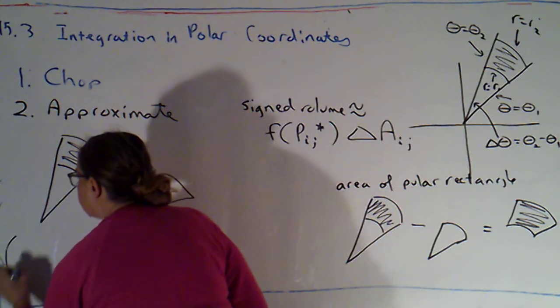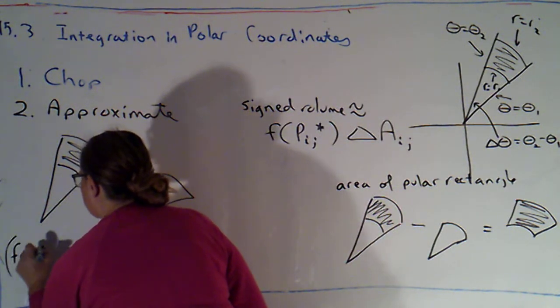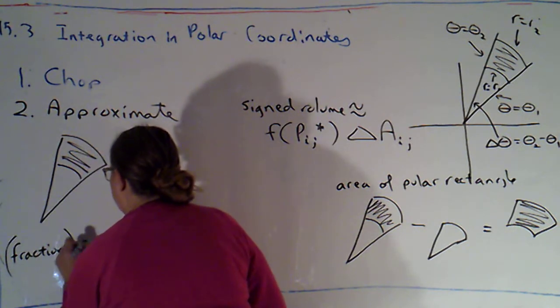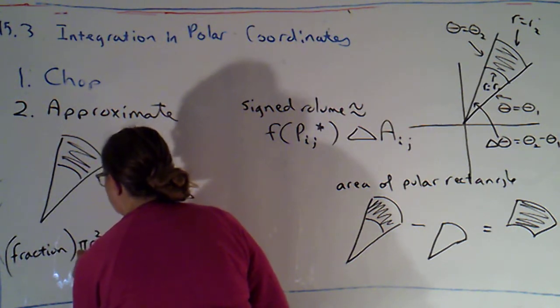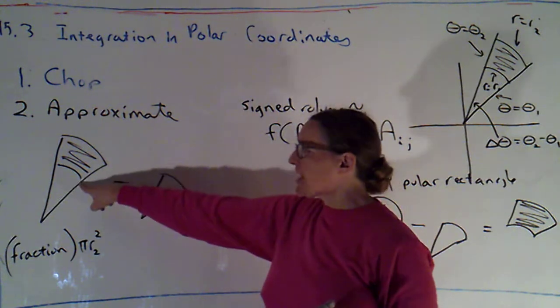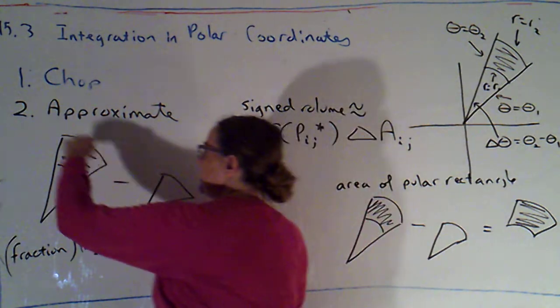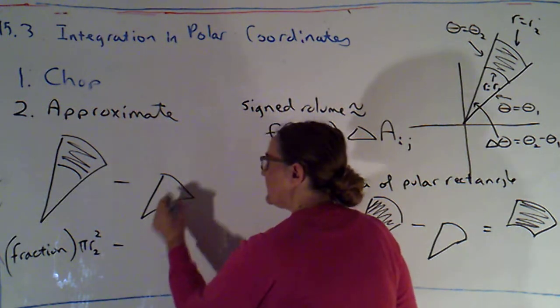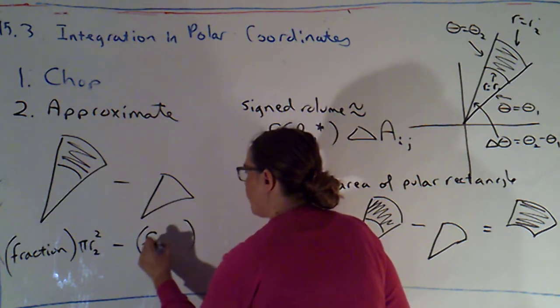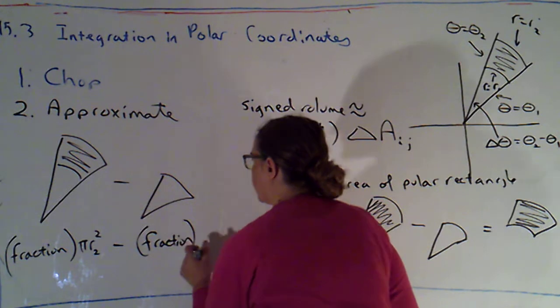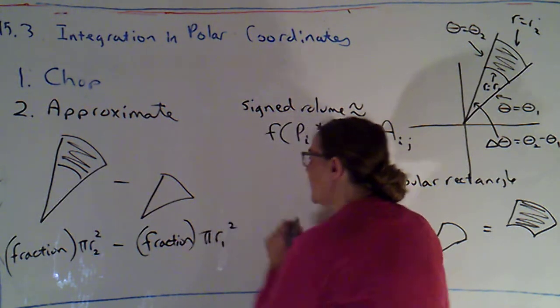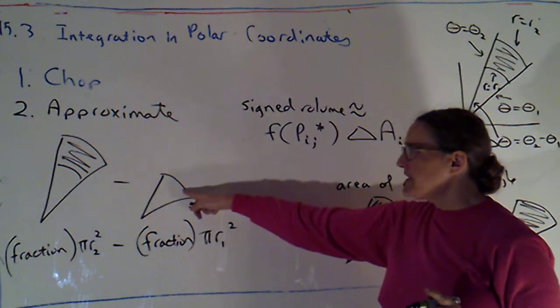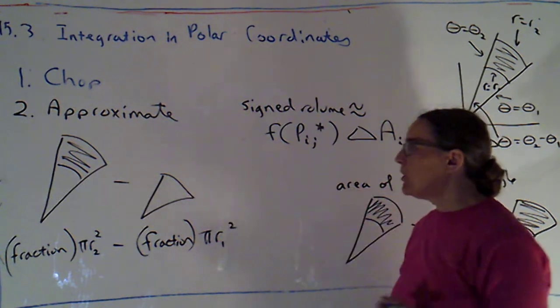I'm going to say this is some fraction of pi times r2 squared. It's some fraction of the area of the circle with radius r2, this bigger radius, minus some fraction of pi times r1 squared. It's some part of the entire circle of radius r1.